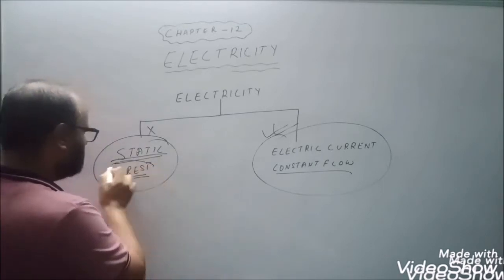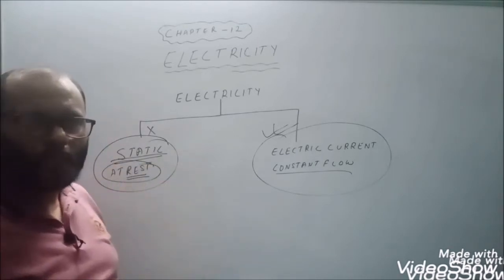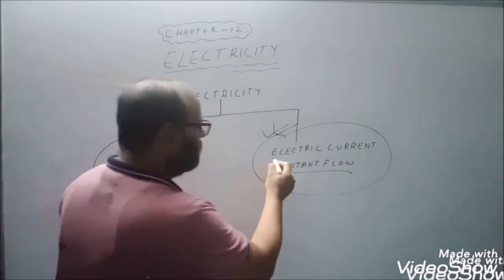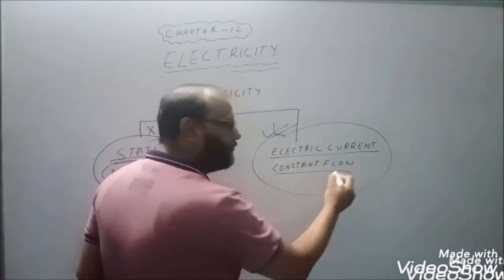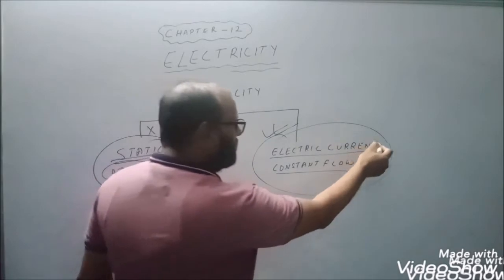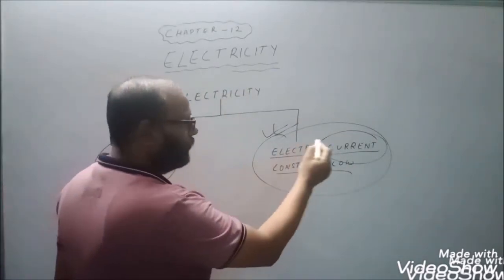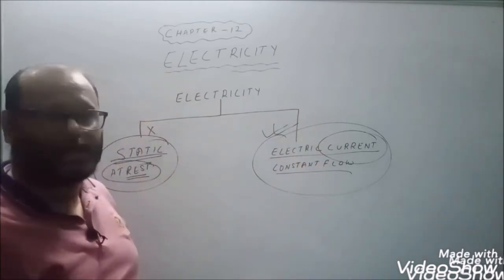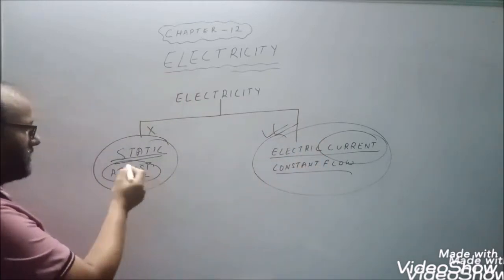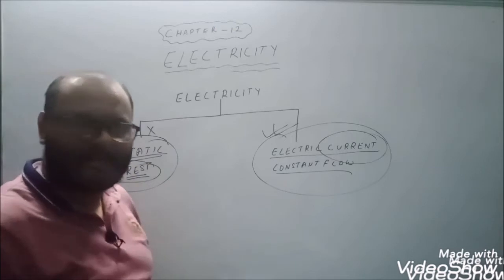That means the electrons do not flow. But if we talk about electric current, there is a constant flow of electrons. Therefore, the word current is used, meaning flow. Electricity that flows is called electric current. Electricity that is at rest, we call static electricity.